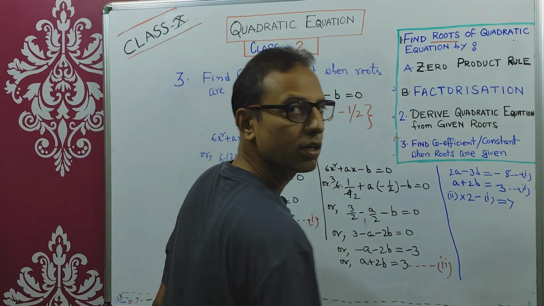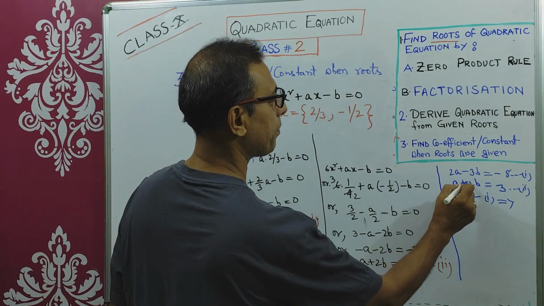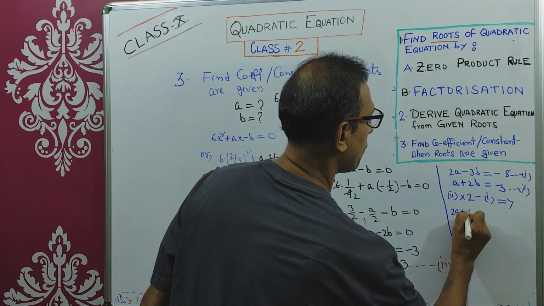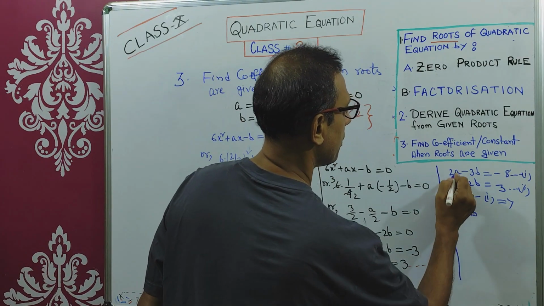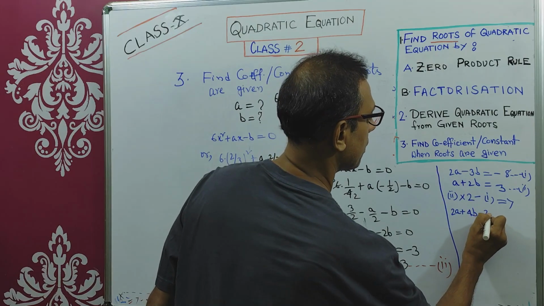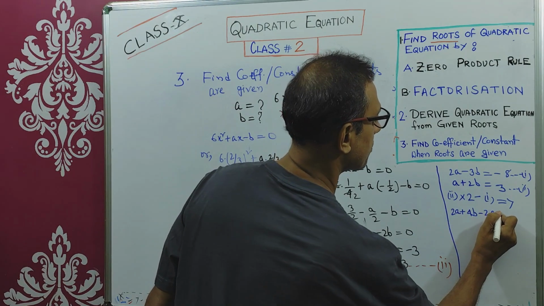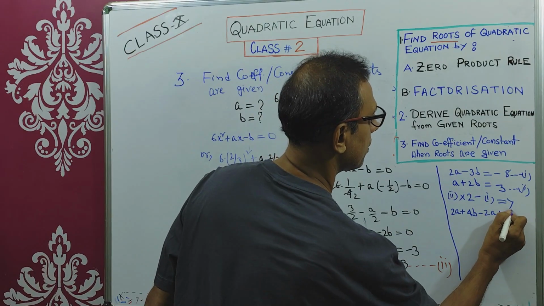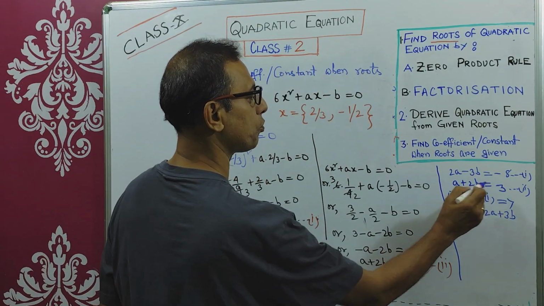What are we getting? 2a plus 4b minus 2a plus 3b, because you are multiplying equation 2 with 2.